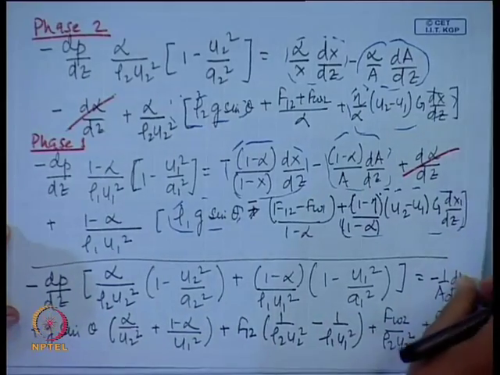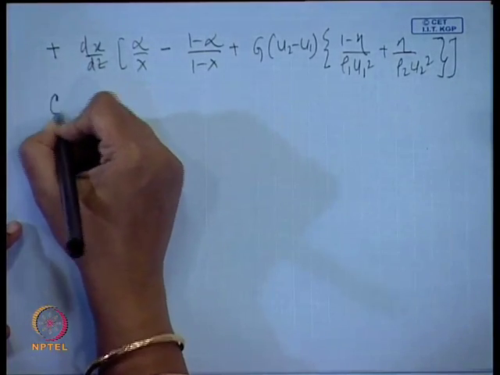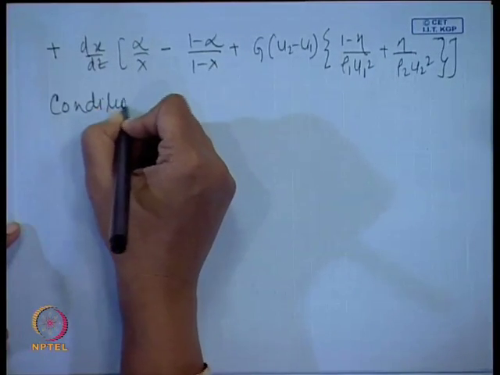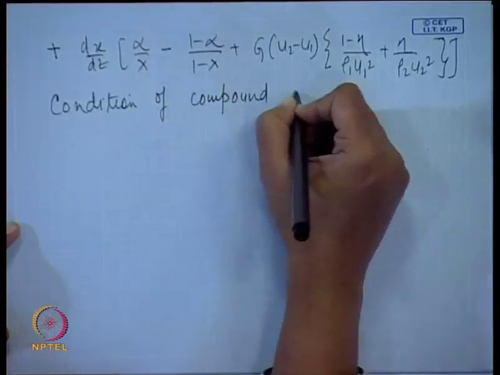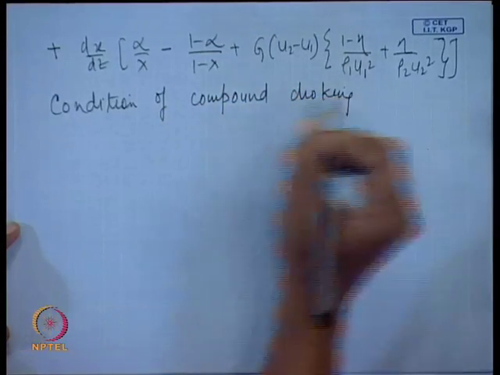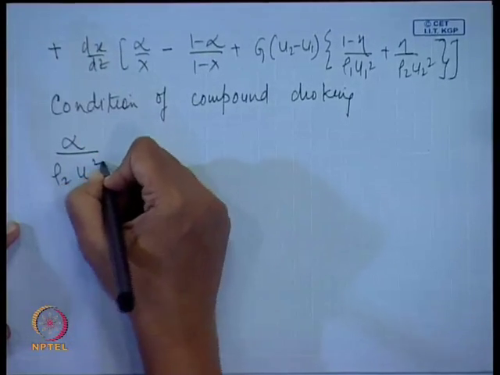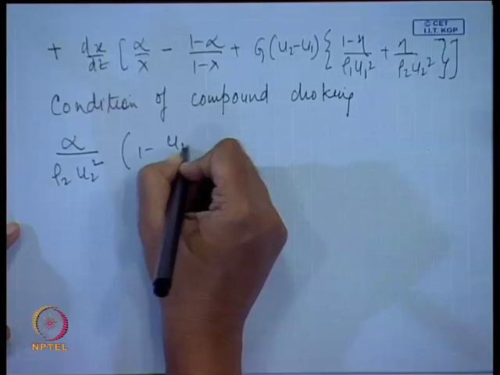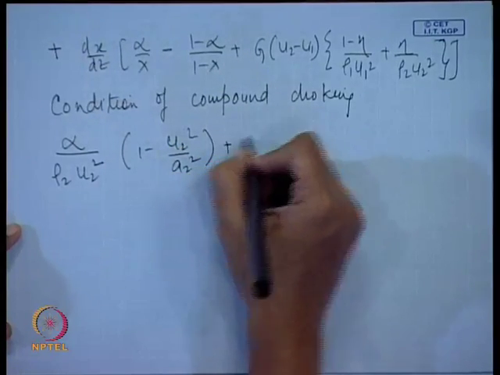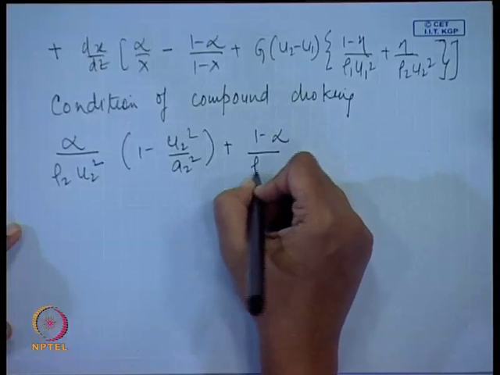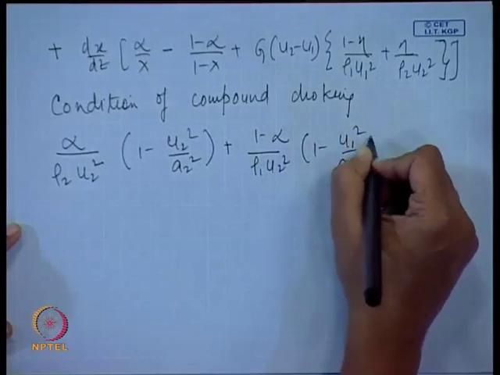Agreed? So, therefore, if you can tell me what is the condition of compound choking? This is alpha by rho 2 u2 square into 1 minus, if you just see the term attached to your pressure gradient, you are going to get it, minus u1 square by a1 square.